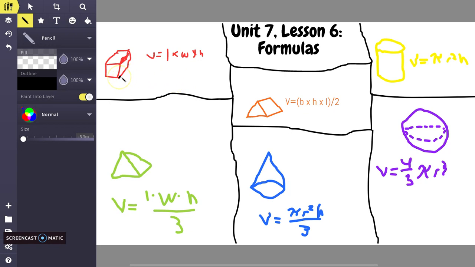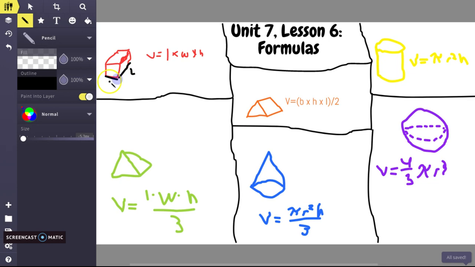So this would be length right here. This would be width. And this right here would be height. So you multiply all those three things.